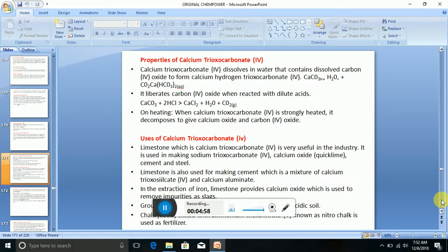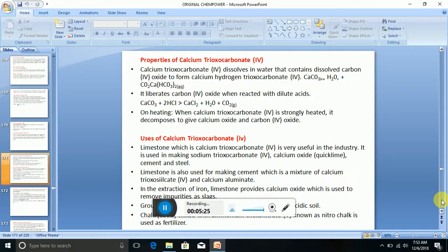Uses of calcium trioxocarbonate(IV). Limestone, which is calcium trioxocarbonate(IV), is very useful in industry. It is used in making sodium trioxocarbonate(IV), calcium oxide, also known as quicklime, cement, and steel.